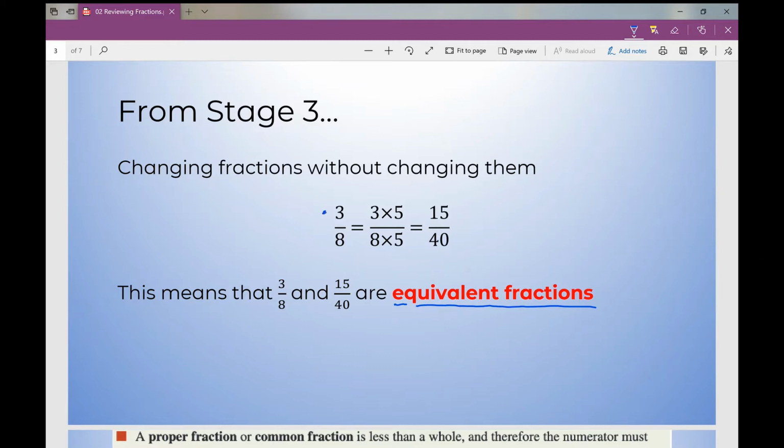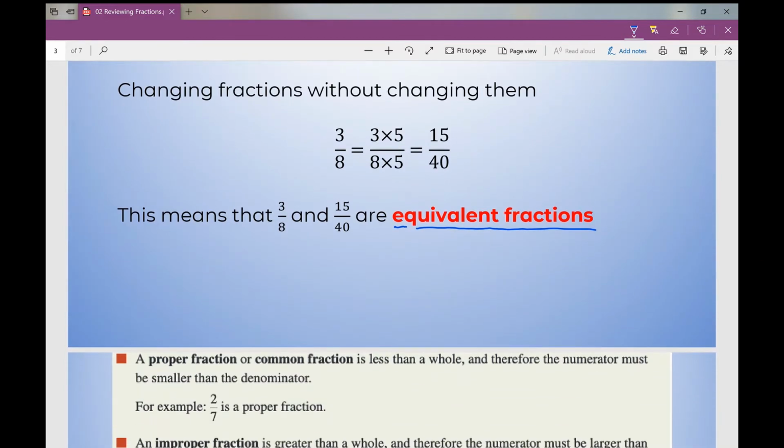So here we have 3 over 8, and over here we have 15 over 40, but they actually mean the same thing, because what we've done here in the middle, to turn our 3 over 8 into our 15 over 40, is we've times the top by 5 and we've also times the bottom by 5. And by doing that to a fraction, by timesing the top and the bottom by the same number, we actually keep its value the same.